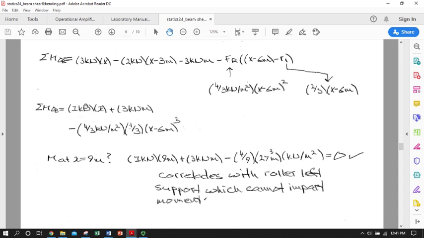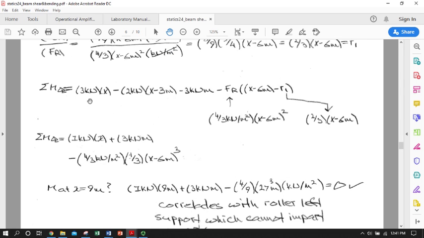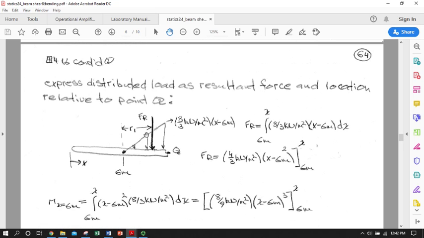and then picking up in our last expression, adding the effect of the moment due to the increasing shear force and the point applied moment plus the moment equivalent of this distributed load.